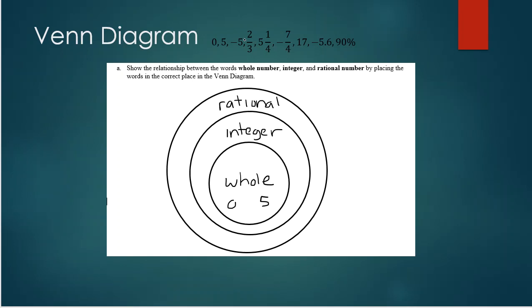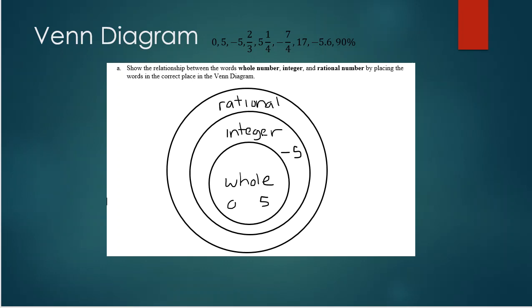Okay, the number -5, I'm going to put that in the integer circle, and notice that -5 is not in the whole number circle, and that's because -5 is not a whole number. But -5 is in both the integer circle and the rational number circle, because -5 is both of those.